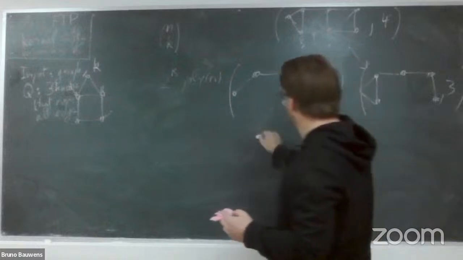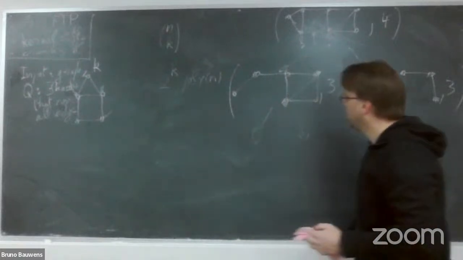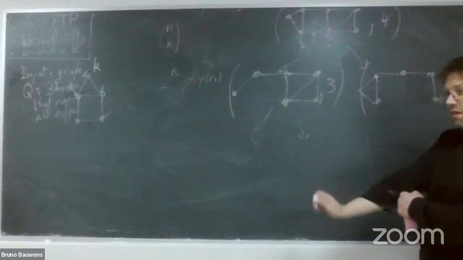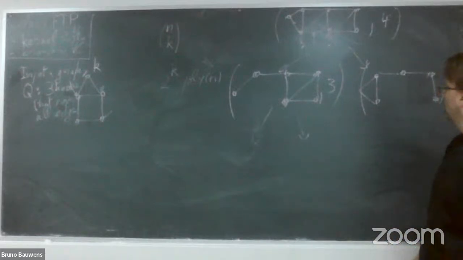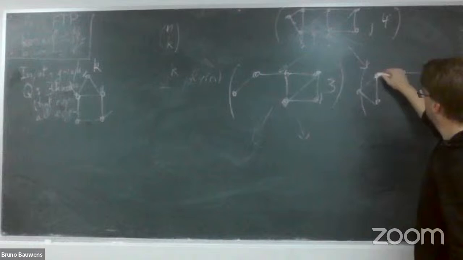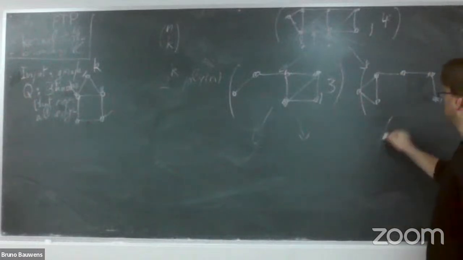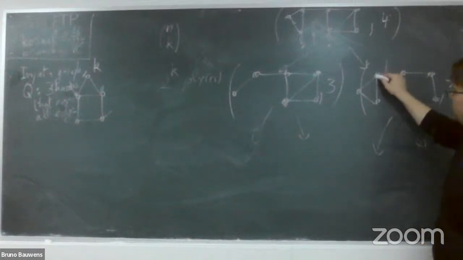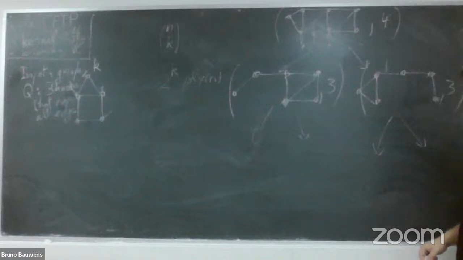So where shall we branch? Maybe on this one, because with nodes of degree 2, it's kind of boring.